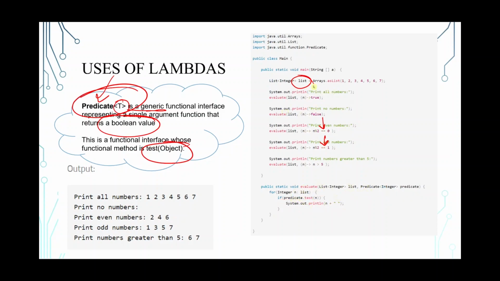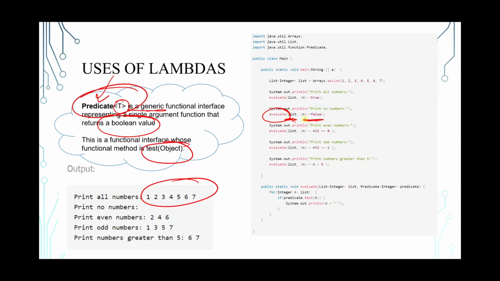Okay, let's apply it one by one on this list. So we give the list and we say for each element it is true. So we don't have a condition. True, print every element. So we print every element. For the next one, we have evaluate and we have this list.